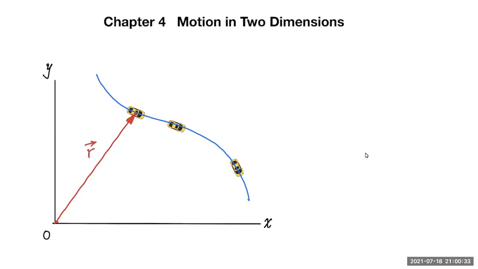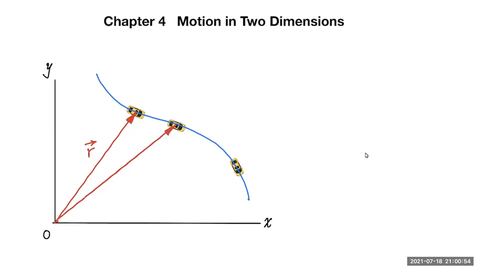Now, a little bit of time later, the car has moved to a new position, and the new position vector, I'm going to draw it again. It's like this. Okay. Now these 2 vectors are not the same.